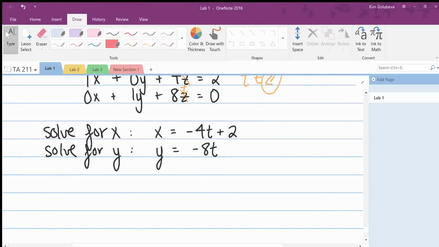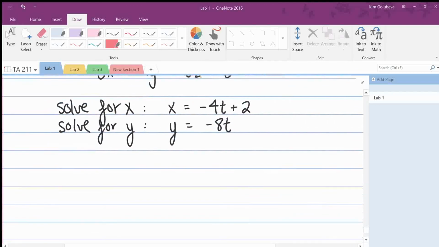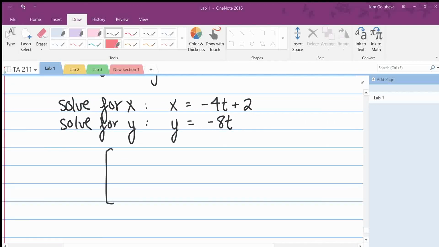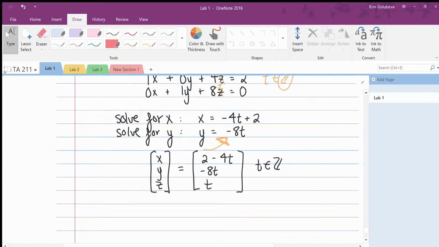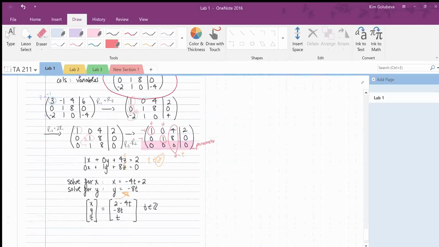So the general form here is, once again, we write it like this: x, y, z equals, and we just basically copy what we have figured out over here. So x equals 2 minus 4t, y equals negative 8t, and z equals t. Okay, where t is an integer. So that's our general solution there.